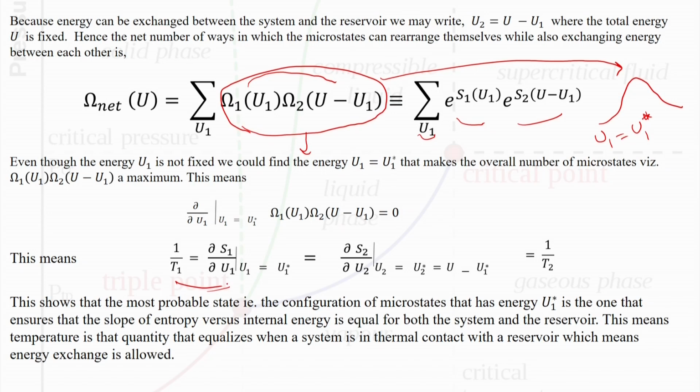I can do it with the entropy, because extremizing a product of omegas is the same as extremizing the log of the product of omegas, and the logs are just the entropies, the sum of the entropies, and the derivatives would then correspond to this sort of an expression.